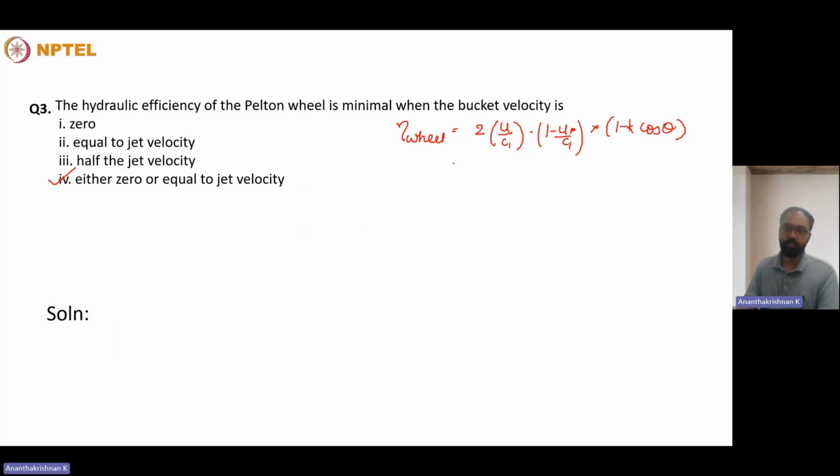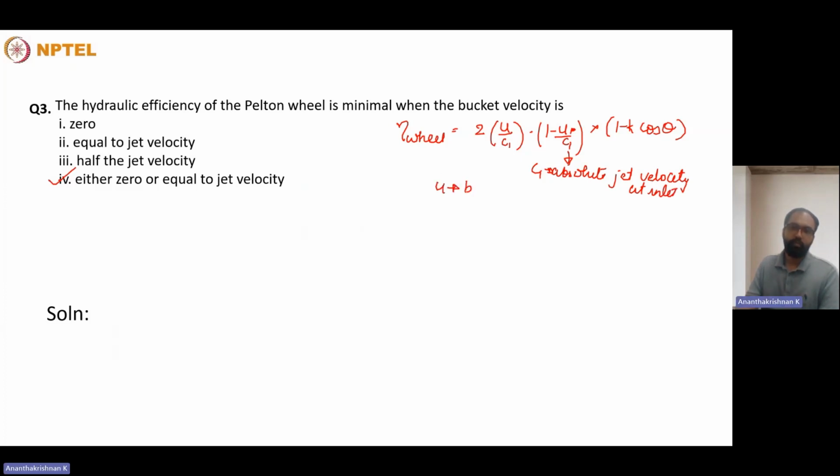The efficiency is maximum when the U by C1 value becomes equal to 0.5, and the efficiency will be the least, equal to 0, when the U value becomes equal to 0, or when the U value becomes equal to C1. So C1 corresponds to the absolute jet velocity impinging on the blade at the inlet.